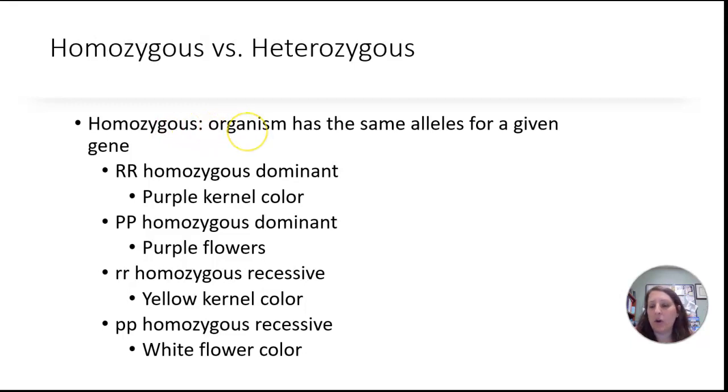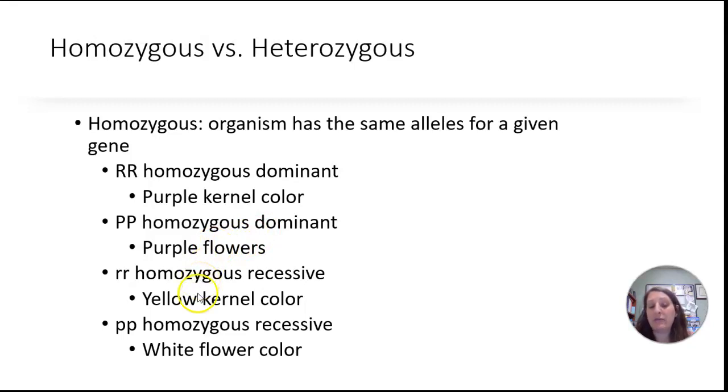In the homozygous condition, the organism has inherited 2 of the same alleles for a specific trait. So again, in lab, when we look at kernel color, one phenotype that you will see are purple kernels, and one potential genotype would be big R, big R. We would call that the homozygous dominant genotype for corn kernel color. If we're talking about Mendel's flowers, big P, big P would be the homozygous dominant genotype for purple colored flowers.